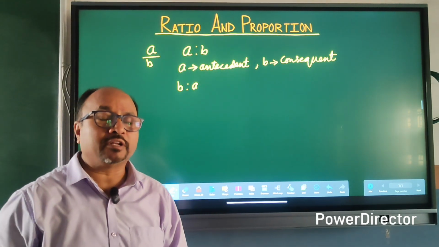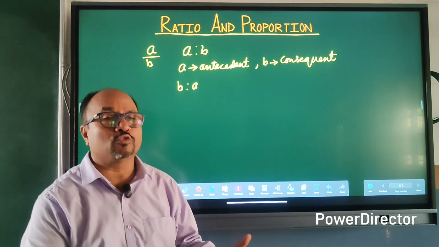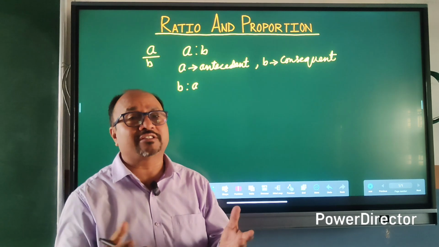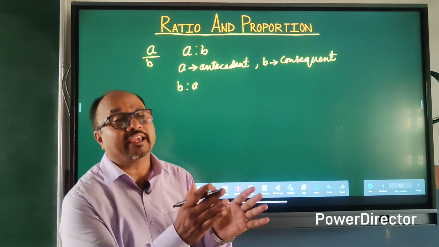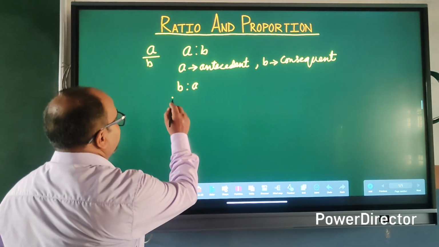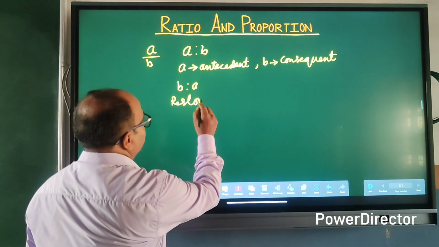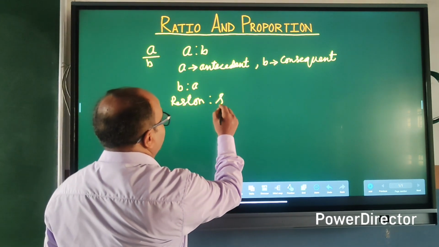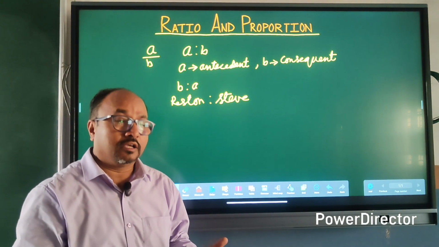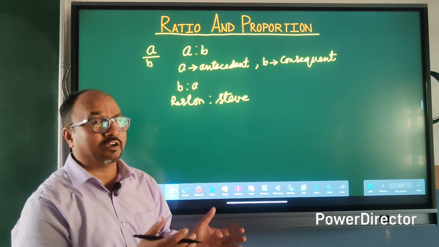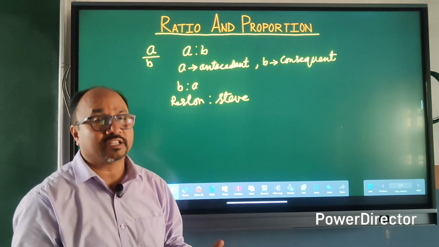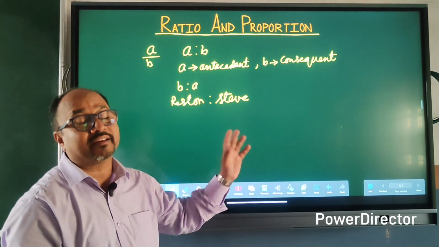For example, if I am going to compare the age of Reston with Steve, then I need to write the age of Reston first and then the age of Steve. So the ratio will be age of Reston is to the age of Steve. But if I compare in the reverse order, that is the age of Steve with the age of Reston, then Steve has to be written first and then Reston.